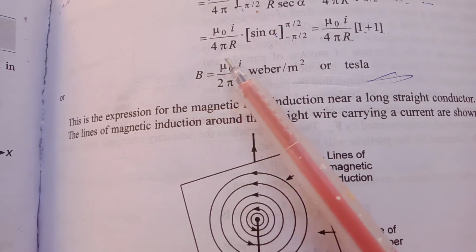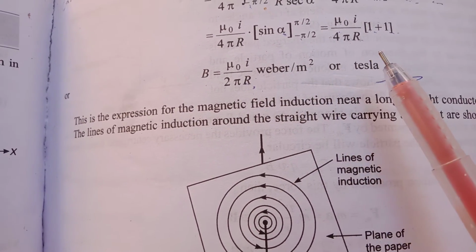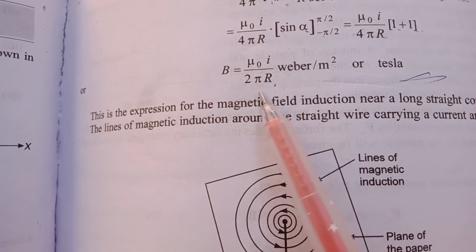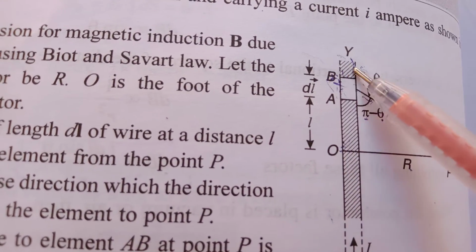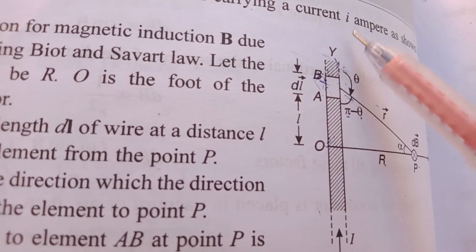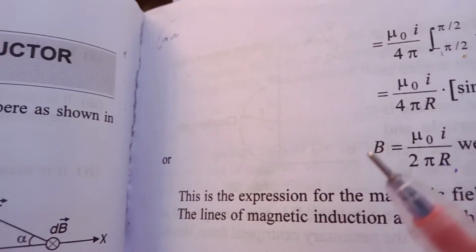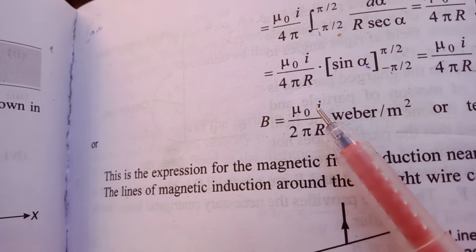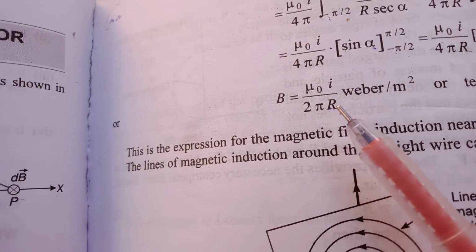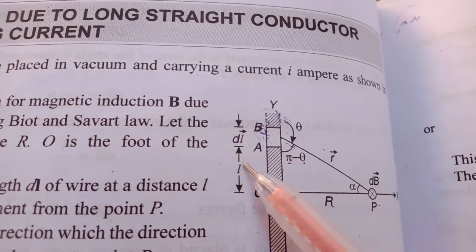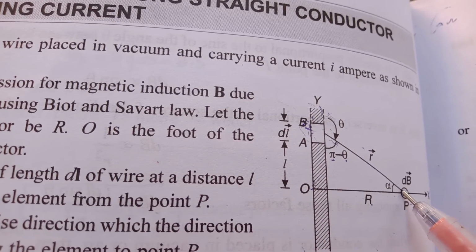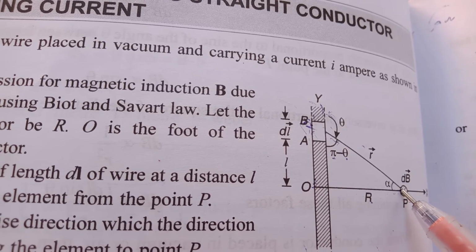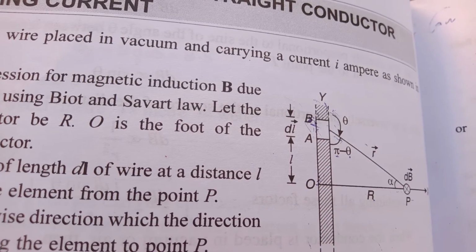So mu 0 I by 2 pi r Webers per meter square, or Tesla, is the formula to find out magnetic induction due to a straight current carrying wire, where I is the current flowing through the wire and r is the distance of the point where you want to find out magnetic induction from the current carrying wire.